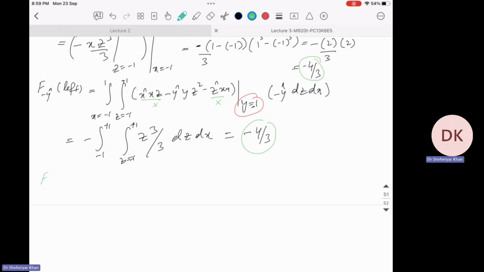Next is f front, which should be positive x-axis. Now the two integrals should be y and z. Again, we write xz.